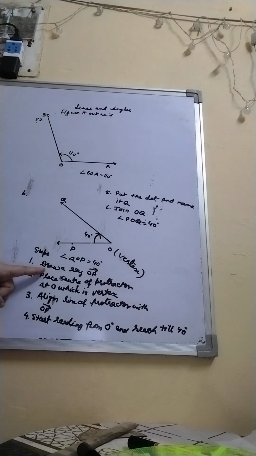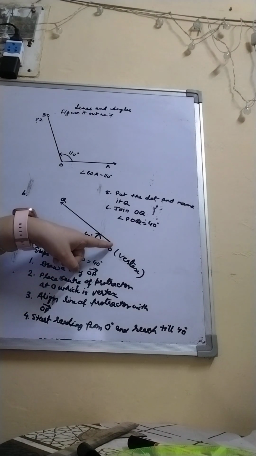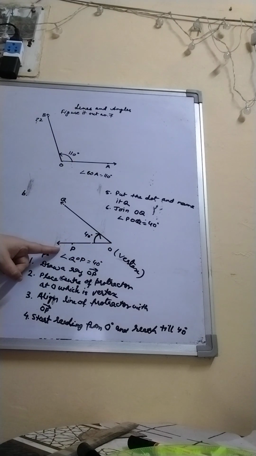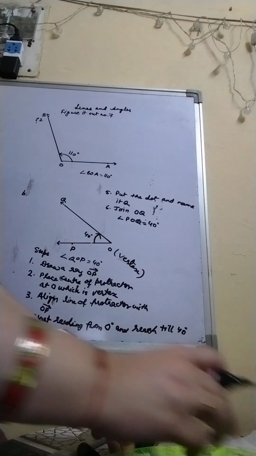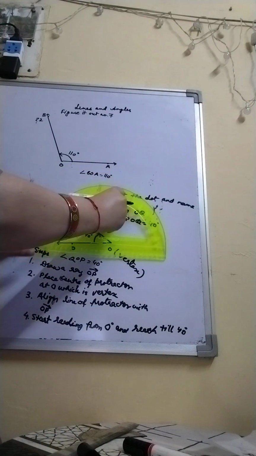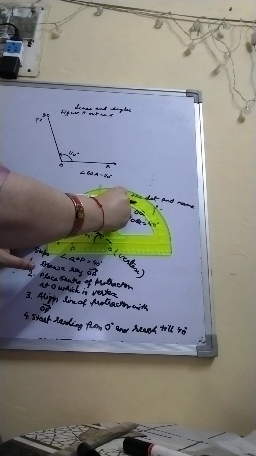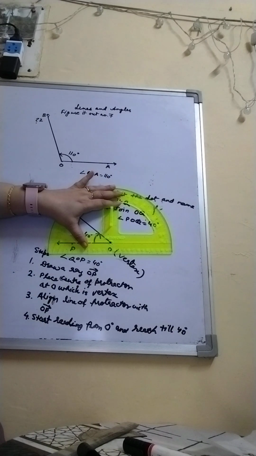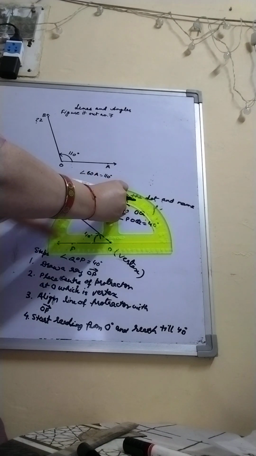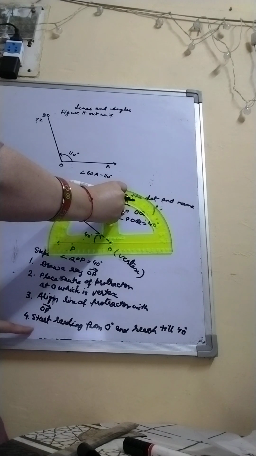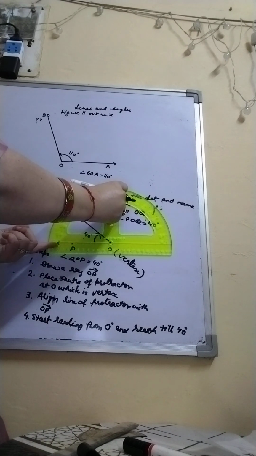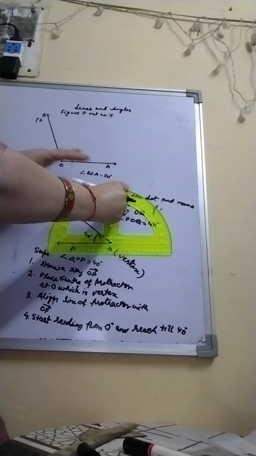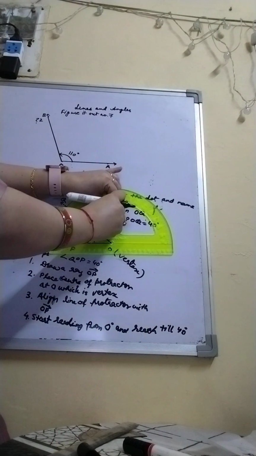So what is the first step? Let me explain. Draw a ray OP. So first you have drawn OP. Now what is the next step? You put the center of the protractor on the vertex. So my O is the vertex, so I put center at O and then align the line of the protractor with OP, the ray OP. Then we start reading from 0 degree and reach till 40 degree.